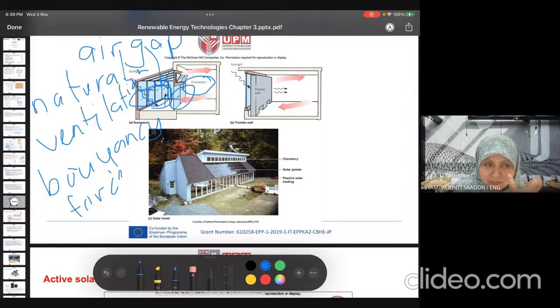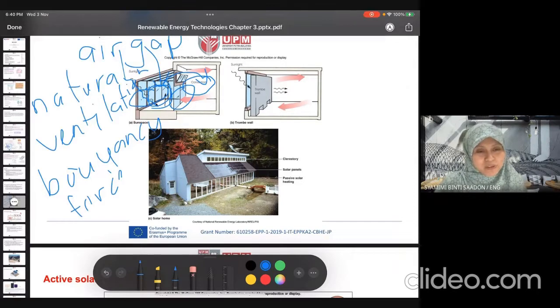So they assume that the higher fluid temperature in the air gap, meaning the air at the top is assumed to be hotter, so that is why it is less dense. So the hotter air is the one that will enter the building, the house. So it will heat up the house, especially during winter.